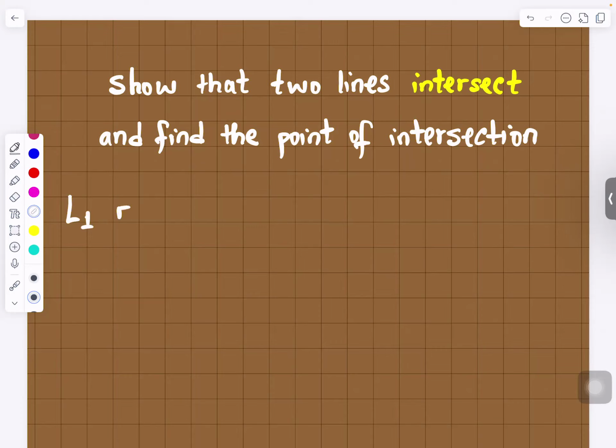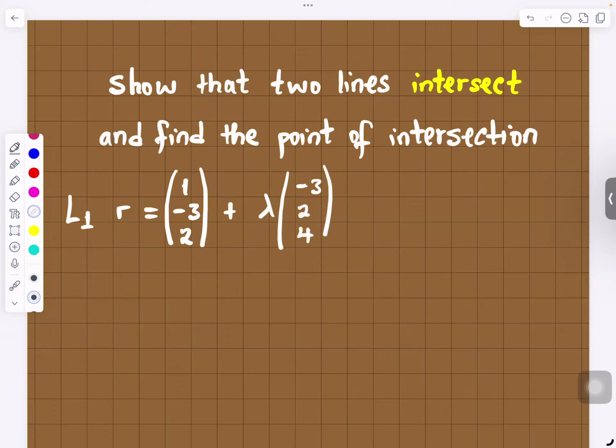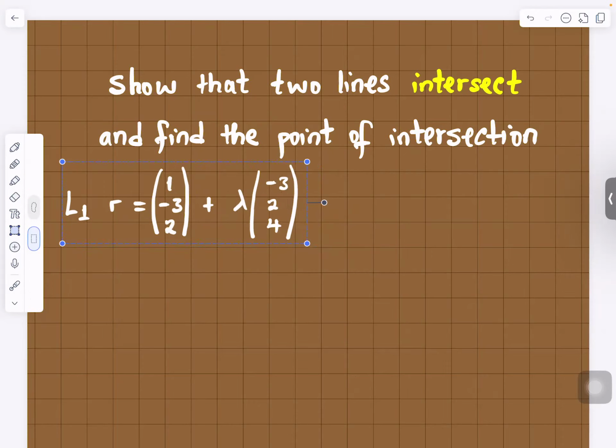The equation for the first line L1, I'll write it out: (1, -3, 2) plus lambda (-3, 2, 4). So that's the equation for the first line, L1.